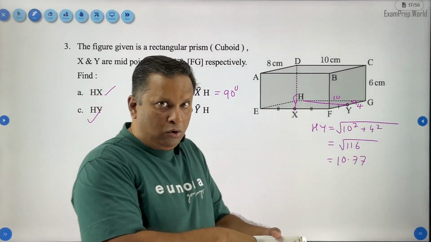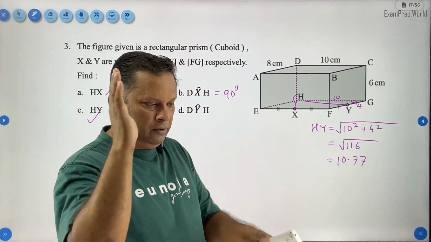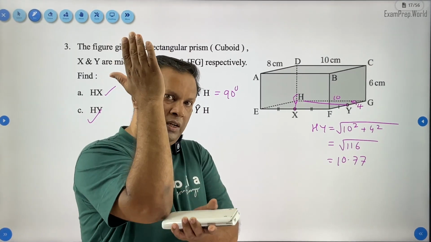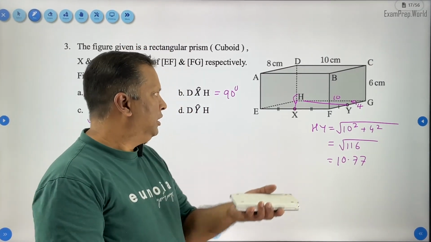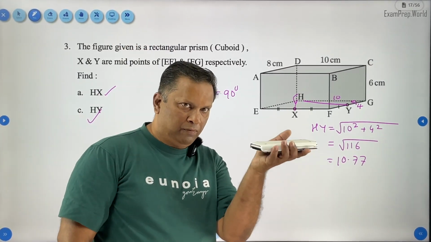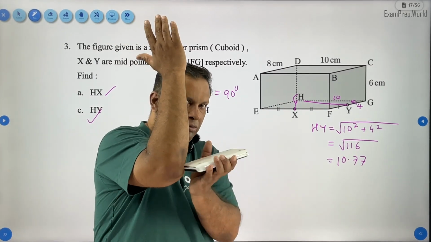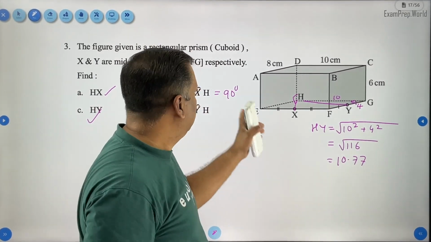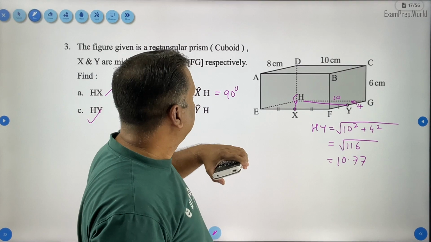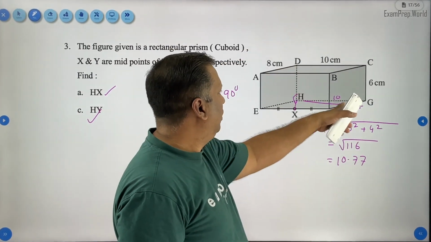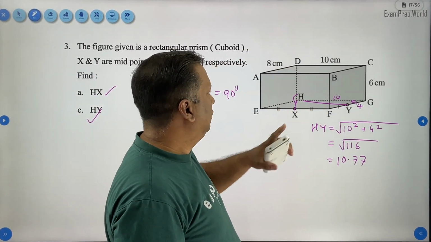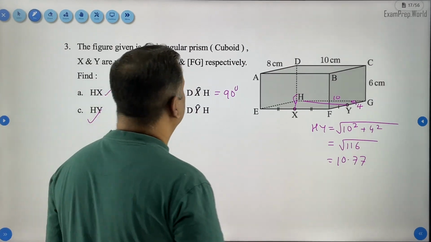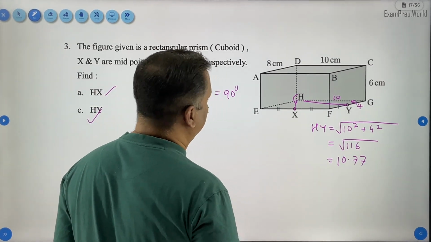Any line drawn on the floor and a vertical line will be at 90 degrees, whichever angle it is drawn at on the floor; it will always be perpendicular to the height. So it is 90. And DYH. Now for DYH, we need to find DY first.